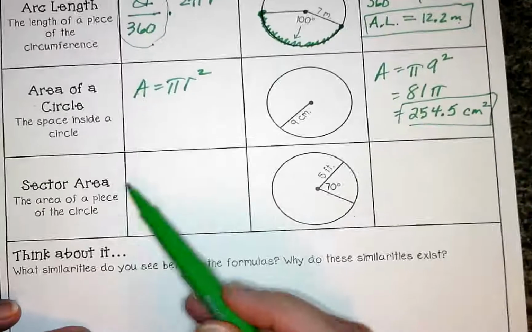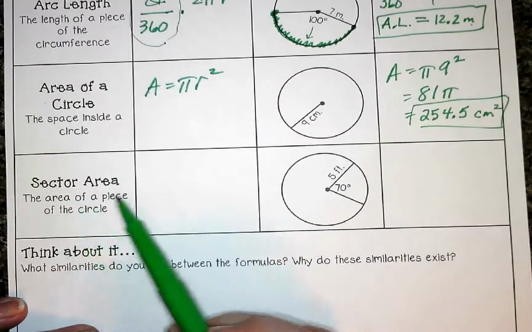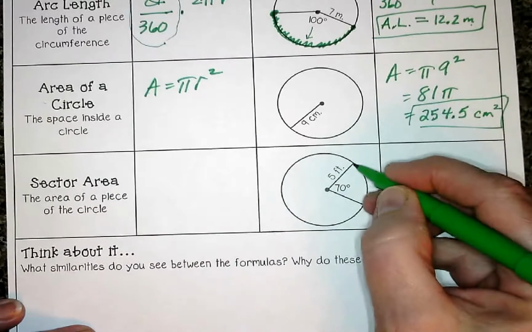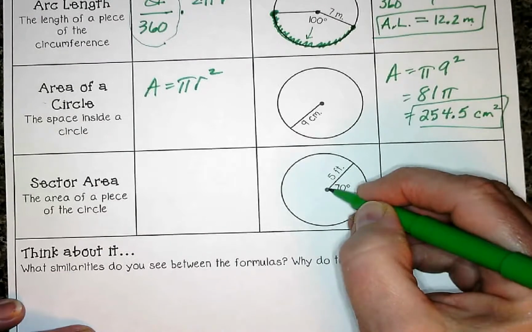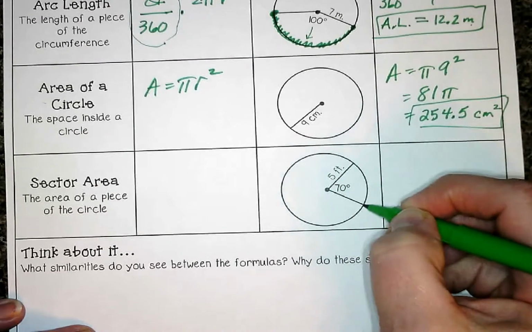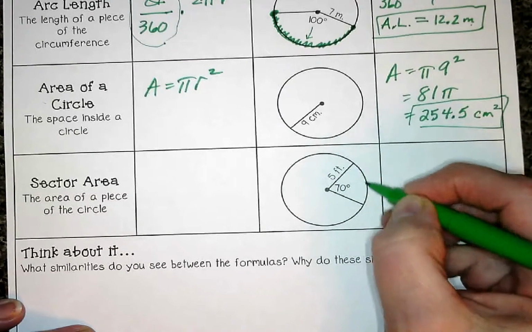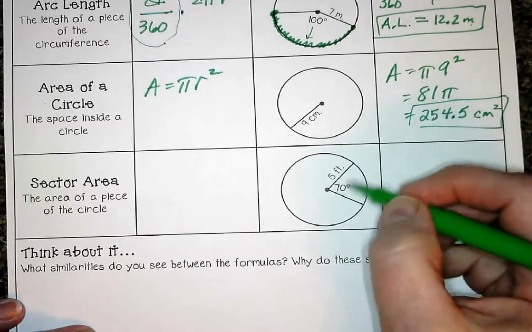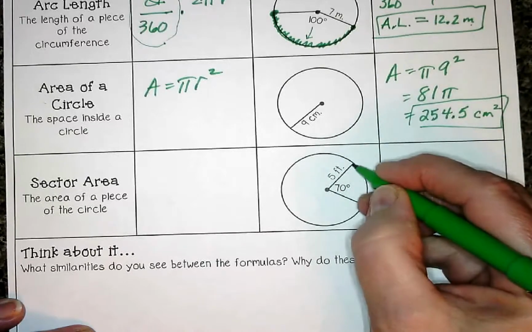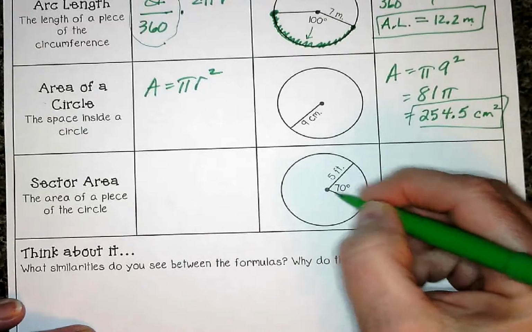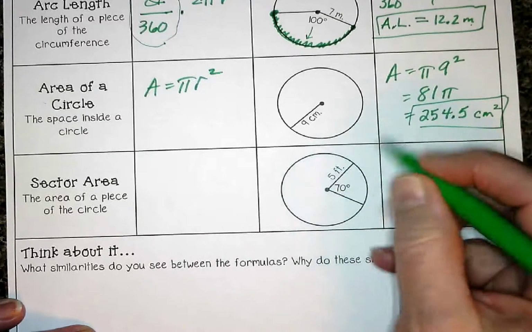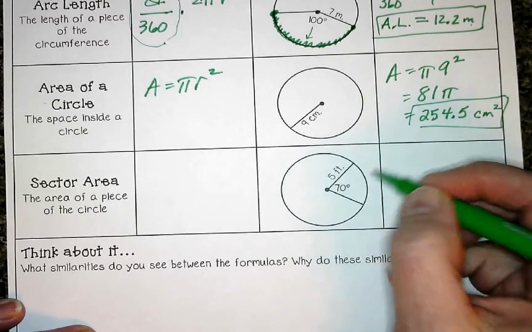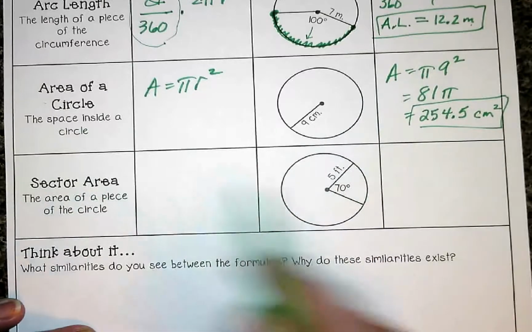A sector is the area of a piece of the circle. That piece of the circle is surrounded by a radius on one side, a radius on the other side, and an arc on the third side. So it's kind of like a piece of pie or a piece of pizza. It is radius, radius and the arc. Since this central angle is 70, the arc is 70. So a sector is a part of the area.